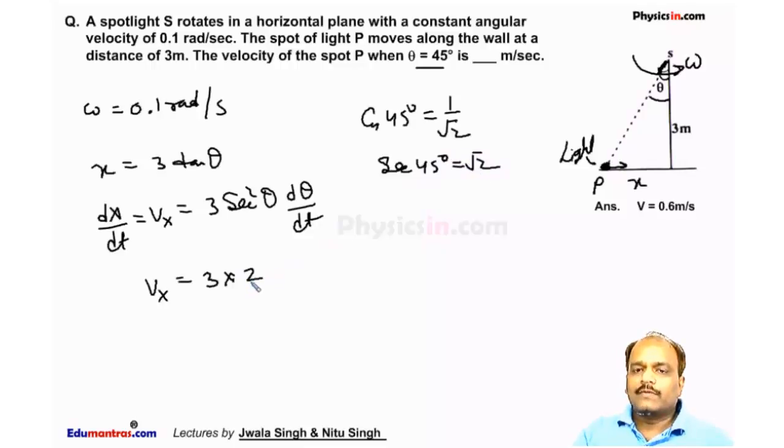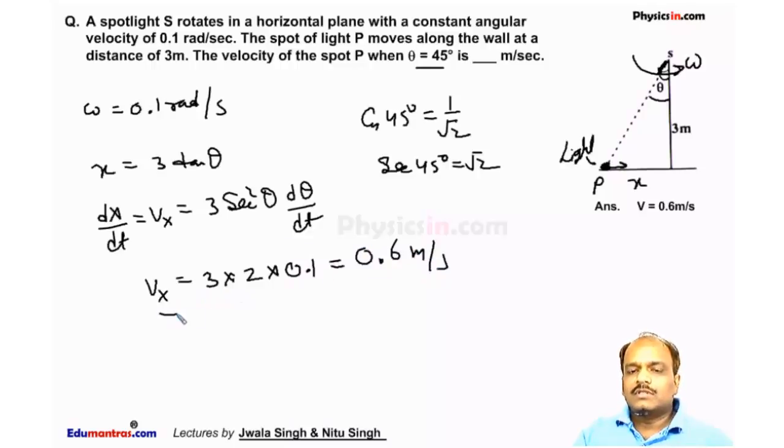So sec square 45 degree is 2, into d theta by dt, which is omega, equal to 0.1. So this comes out to be 0.6 meter per second. This is the speed of this light spot along this wall.